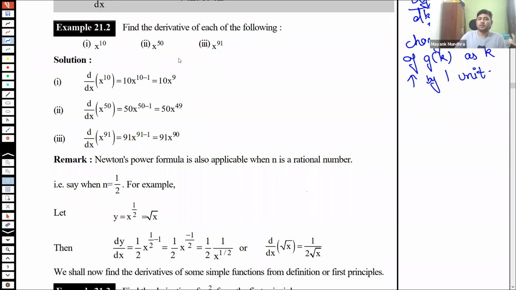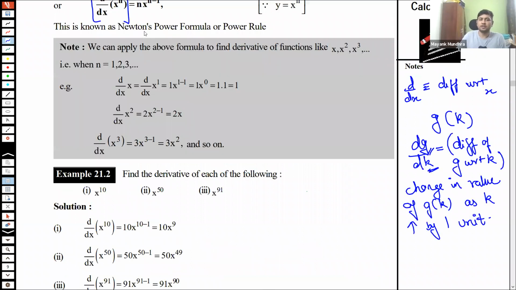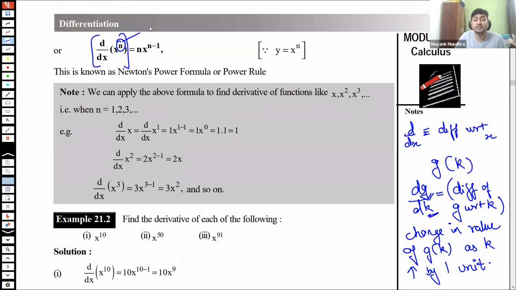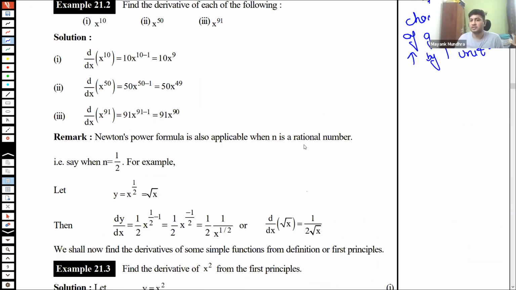Now the beauty of this formula is that this works even if this n is any real number. It could be any rational number, or irrational number for that matter. So it works for all real numbers. Suppose you have x to power half. That is root x. So root x is basically x to power half, and I want to find the differentiation for x to power half.